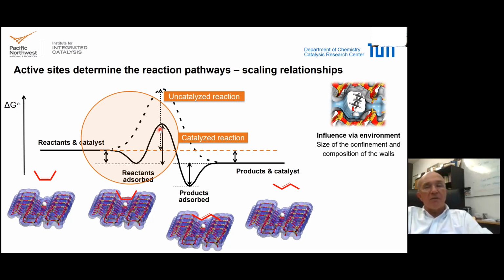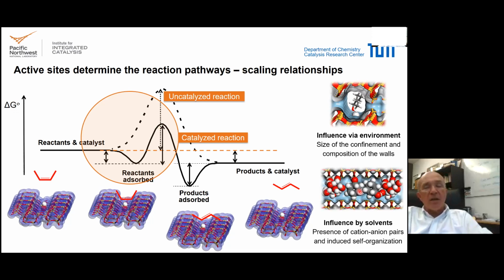There is a second pathway where we can primarily use the influence of solvents and the influence of charge proximity in order to change the ground state of a molecule that is being transformed, and also in this way lowering the barrier that we can achieve.